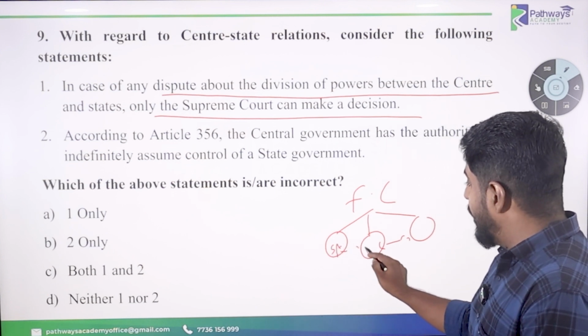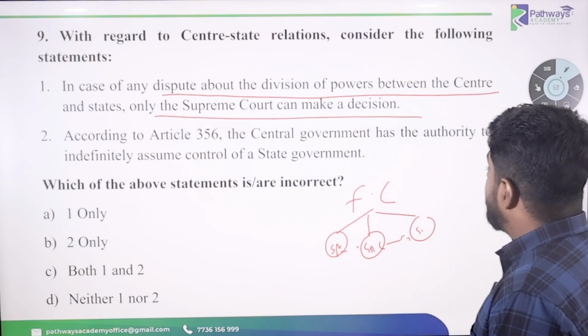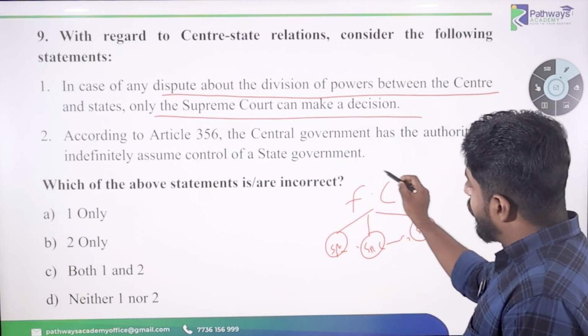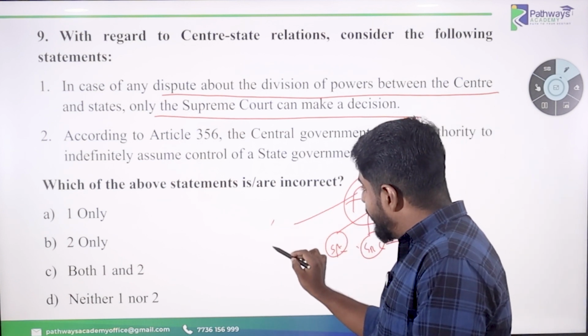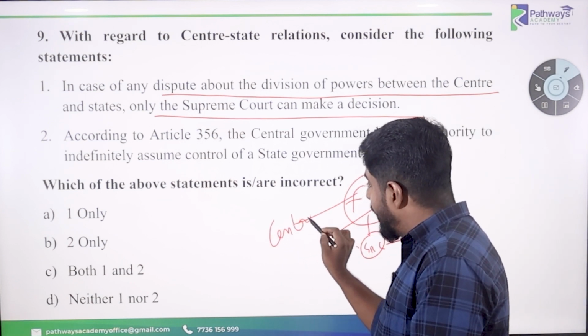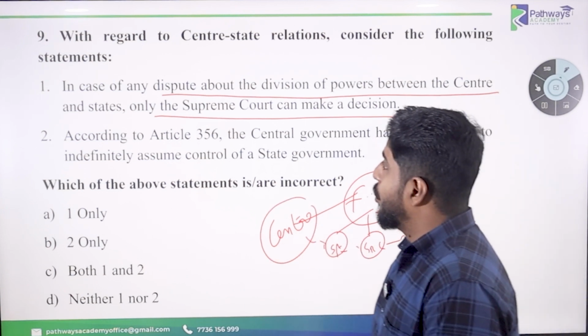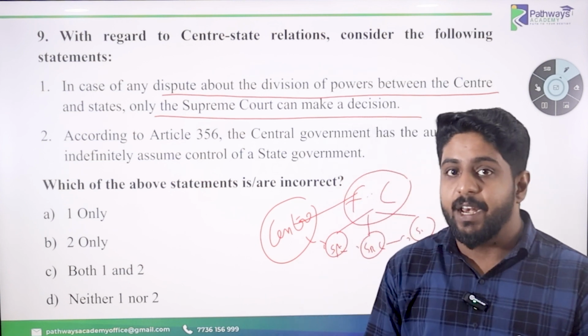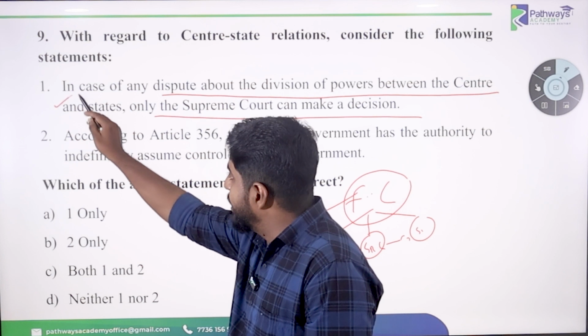So there is state A, state B, state C. Regarding the power of the states, this federal court has the power to resolve the dispute. At the same time, if there is a dispute between the center and the state, that will also be settled by this federal court. So the Supreme Court in India is also a federal court. Very good. So the first statement is right.